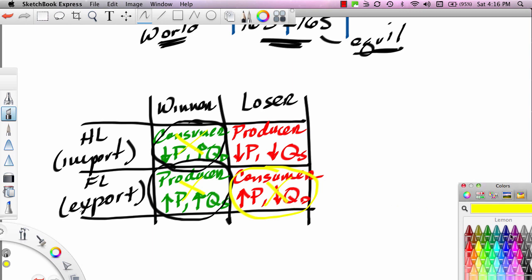Well, who do you hear from? You generally are going to hear from losers in the importing nation. And these are generally going to be workers, so it might be unions that are complaining about imported products, or it might be the executives of companies that are being negatively impacted by imports.